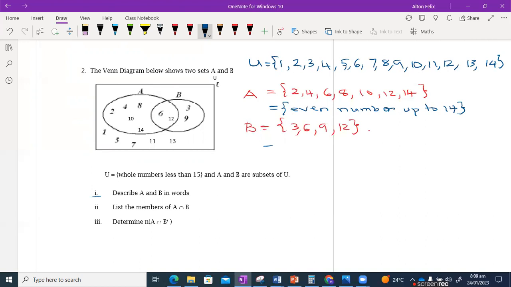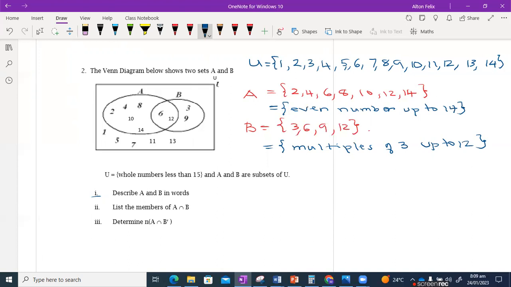And set B would be the set of multiples of 3 up to 12. Okay, so that's two ways of describing our set A and B.